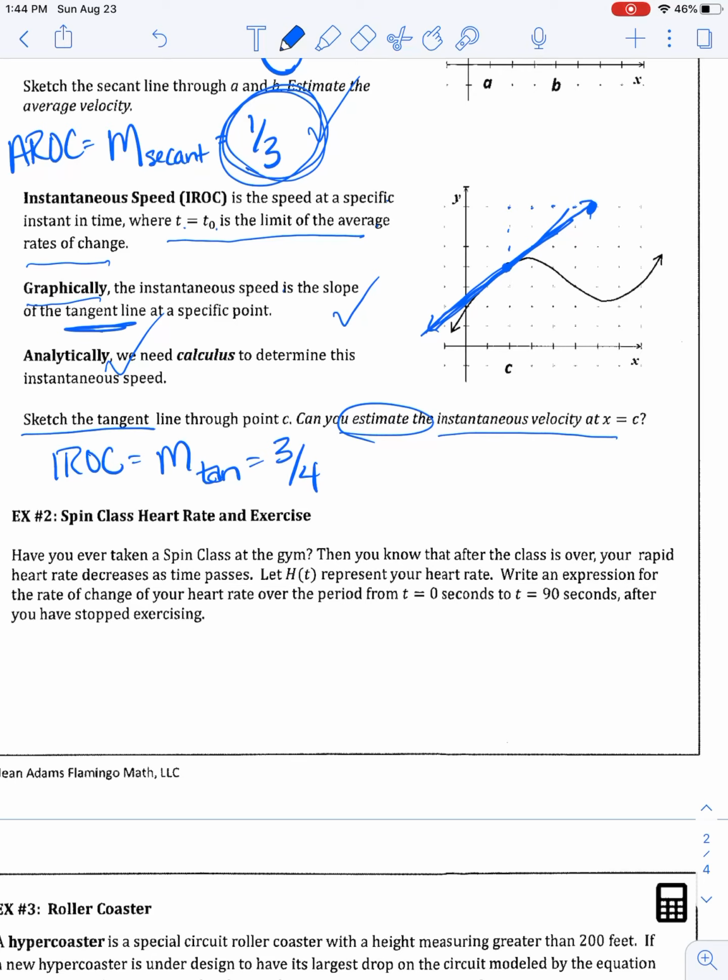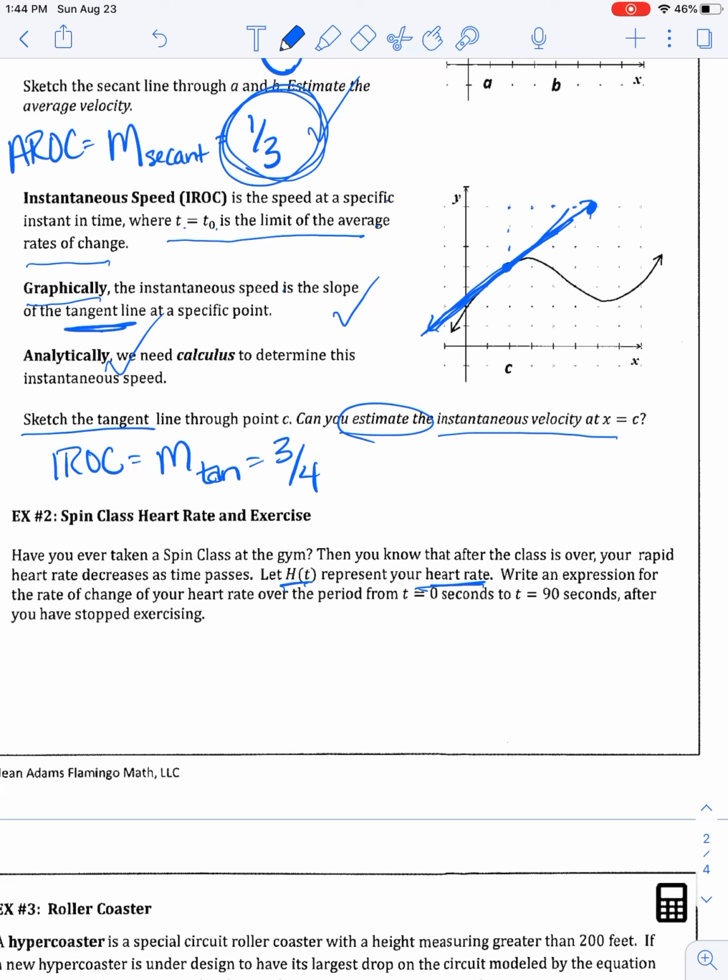Okay? So example 2, spin class heart rate and exercise. Have you ever taken a spin class at the gym? Then you know that after the class is over, your rapid heart rate decreases as time passes. Let h of t represent your heart rate.